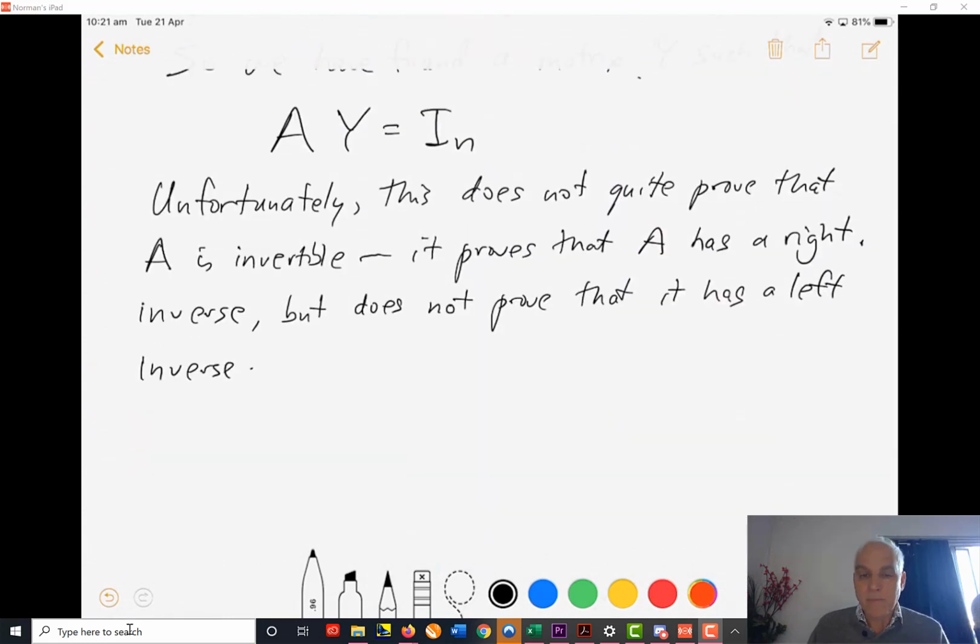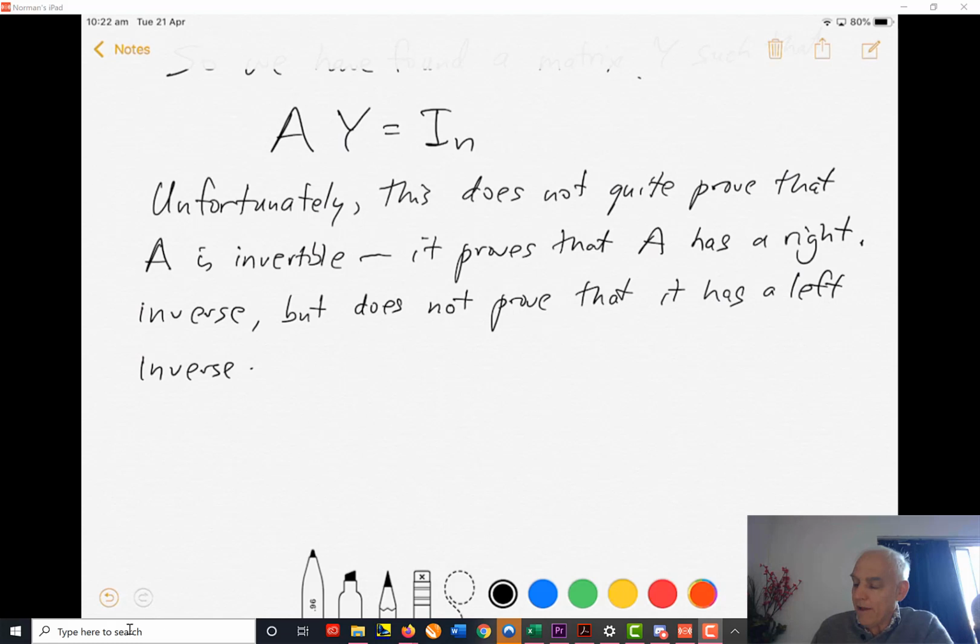Let me remind you that if we know that A has a right inverse and a left inverse, then we know that those two have to be the same and that then A is invertible. But at this stage here, all we really know is that A has a right inverse.